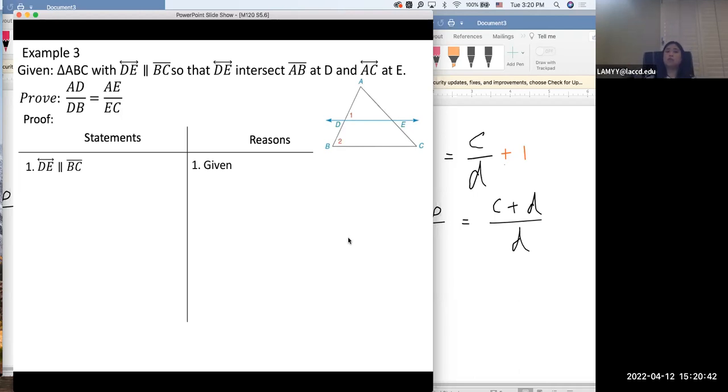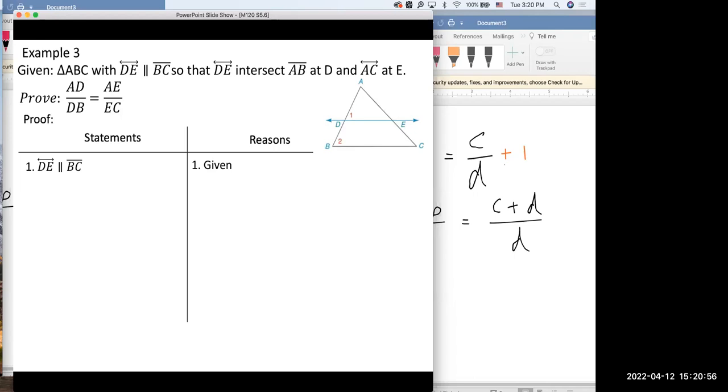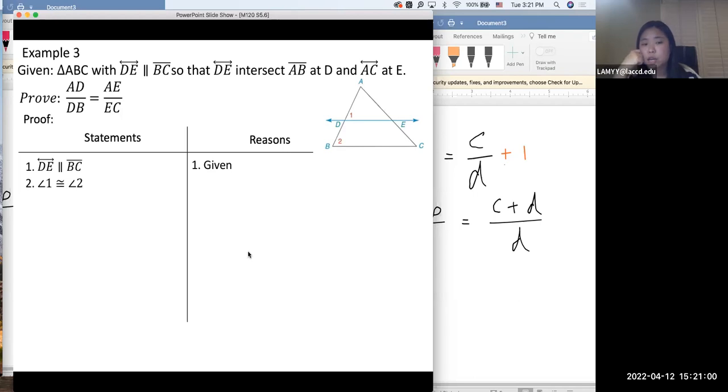DE is parallel to BC. If these two lines are parallel, what happens with angle 1 and angle 2? Congruent. Yes, angle 1 is congruent to angle 2. Reason?